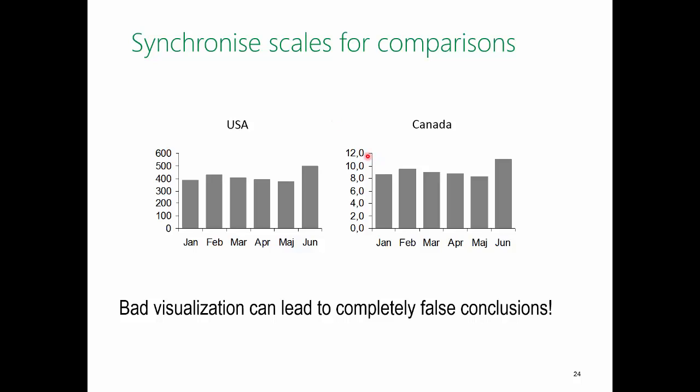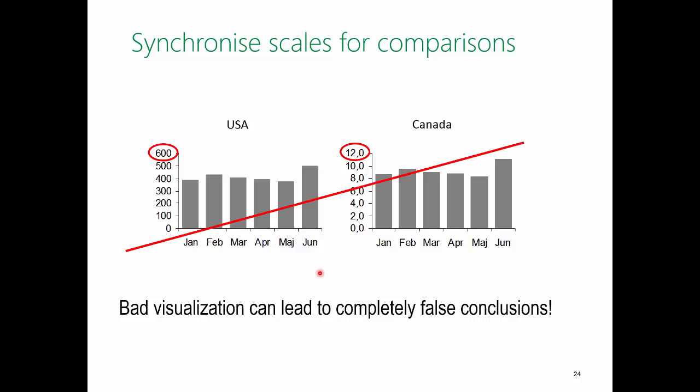It's a proof that bad visualization can lead to completely false conclusions. Okay, and we call this the lie factor, because you're getting some answers from the visualization that do not reflect the values themselves.